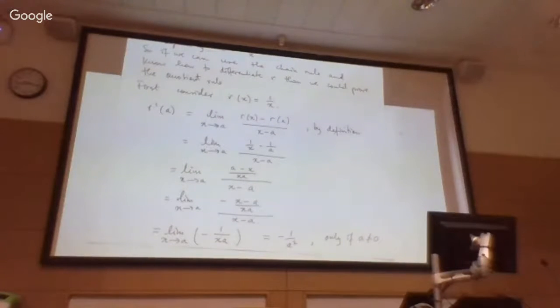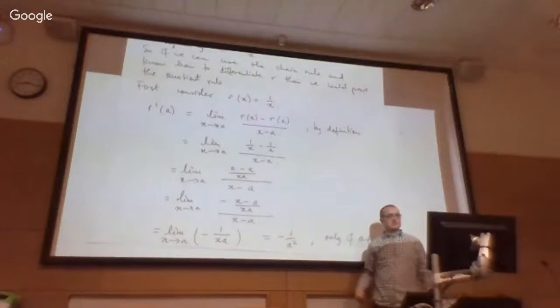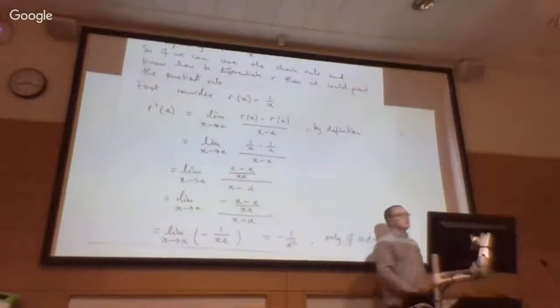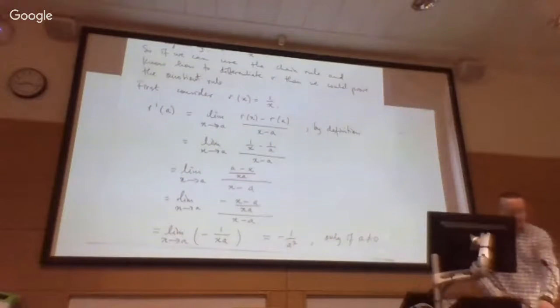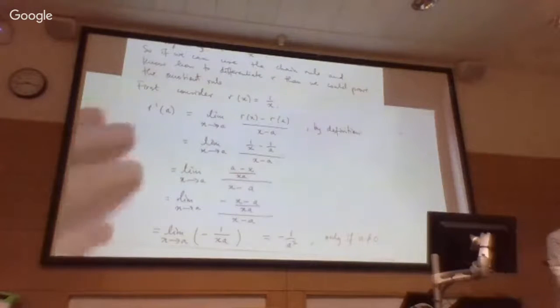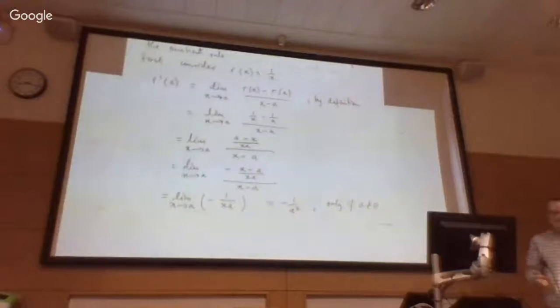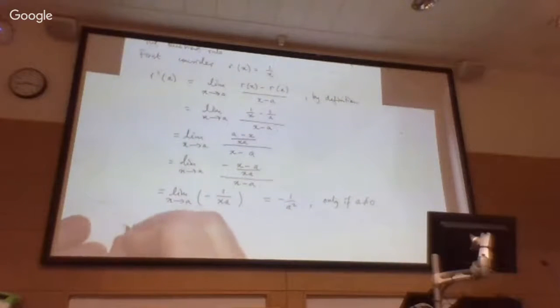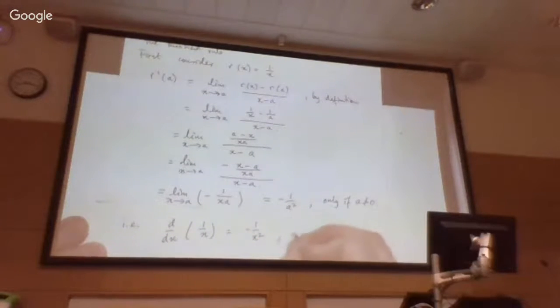So everywhere away from 0, you can differentiate the reciprocal function, and it has that. That was what we expected. We're probably familiar with that already, the derivative of 1 over x, i.e. the derivative d dx of 1 over x is indeed minus 1 over x squared, as expected.